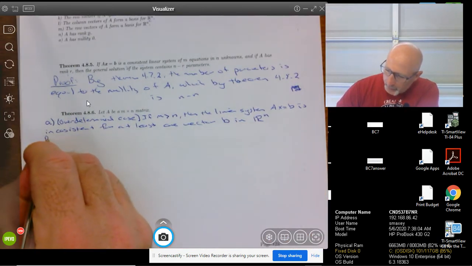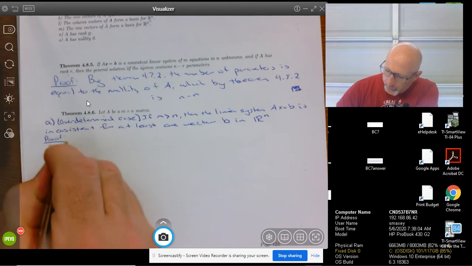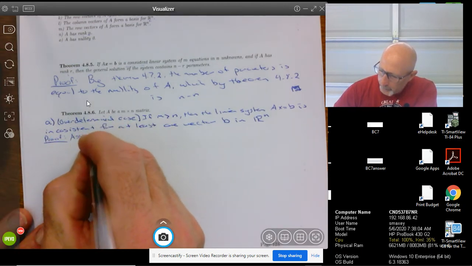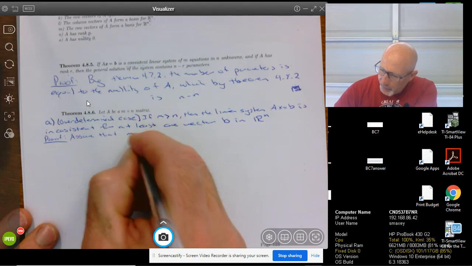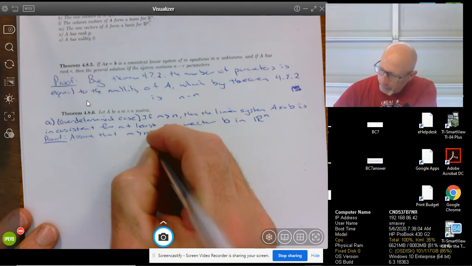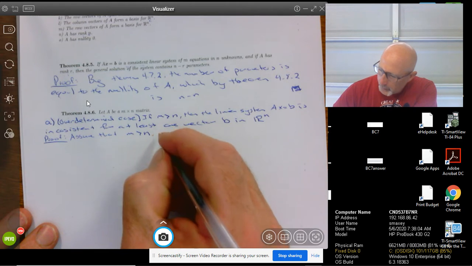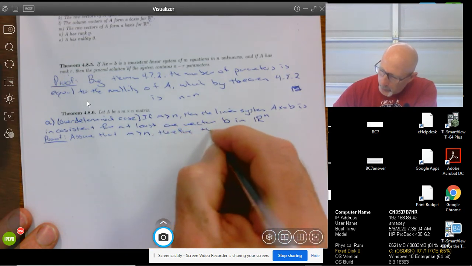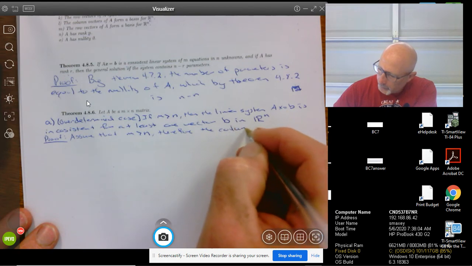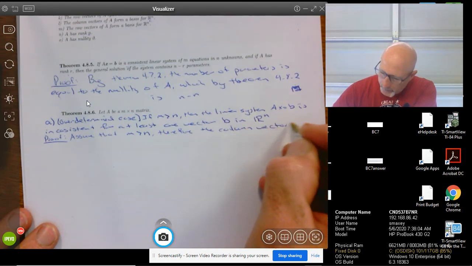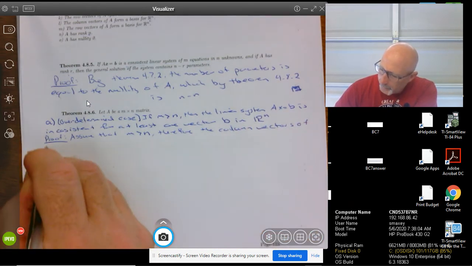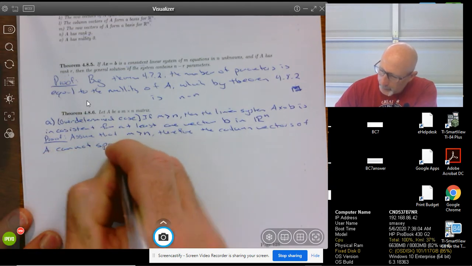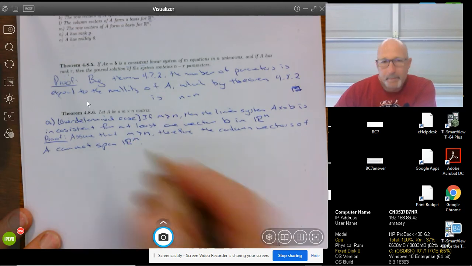Okay, so let's take a look at this. So proof. So we're going to assume that m is greater than n. Okay. Therefore, the column vectors of A cannot span Rm.